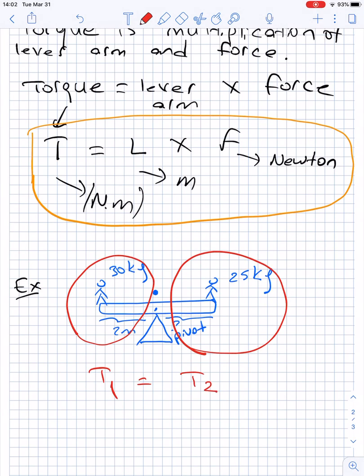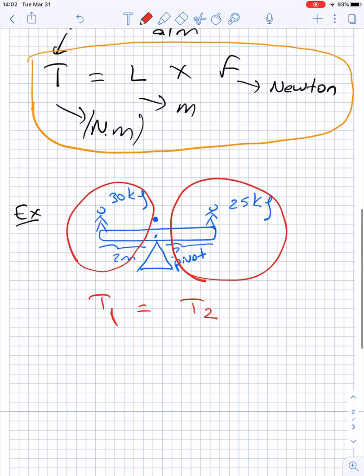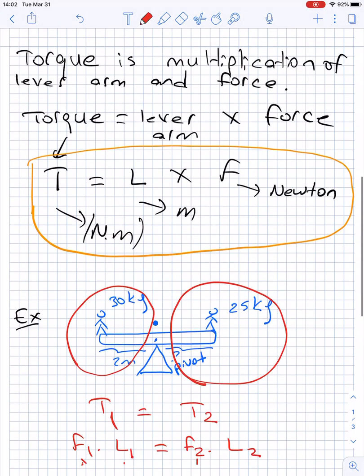T1 is equal to T2. And torque formula, F1 multiplying L1 is equal to F2 multiplying L2. And we know F1 means first force, L1 means first distance between the first boy and pivot, F2 means second boy's gravitational force, and L2 is the distance between pivot and second boy. Okay, continue.